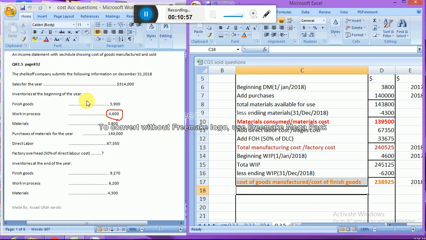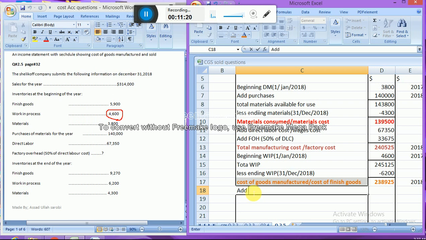So locate beginning inventory for the year. The 5,900 finished goods remain from the previous year. They were not sold out during the year 2017.